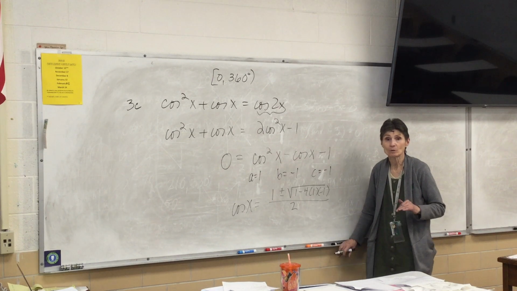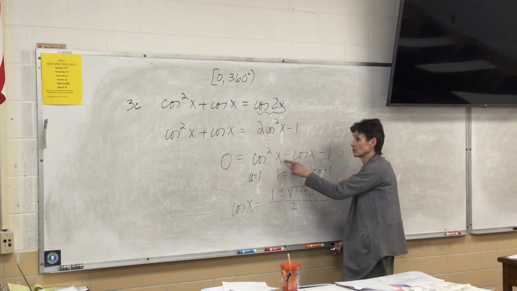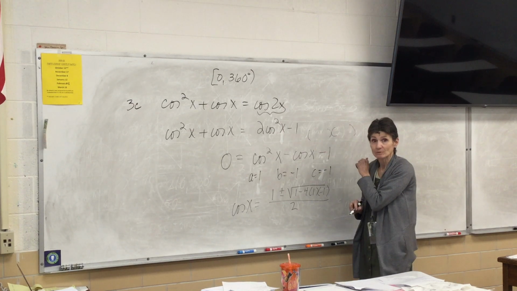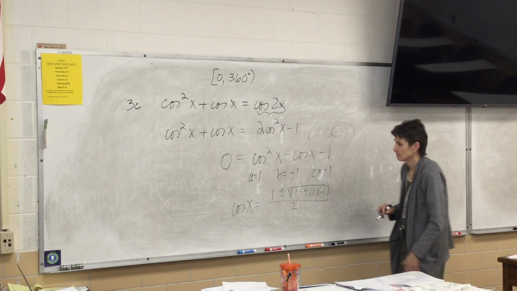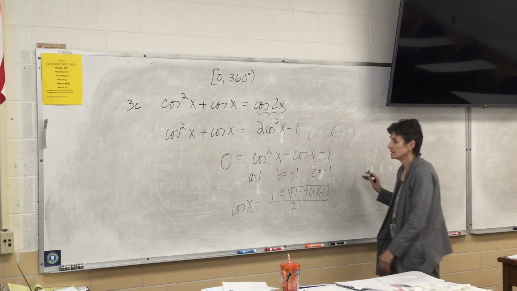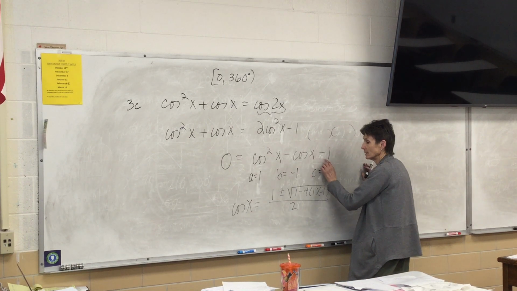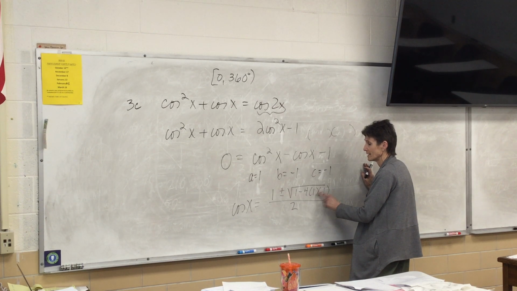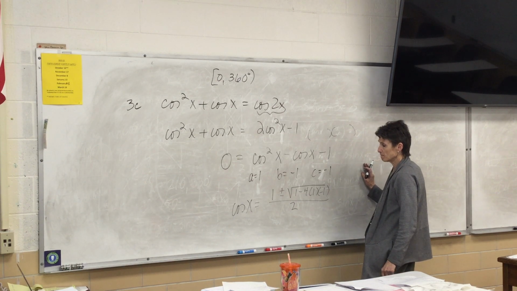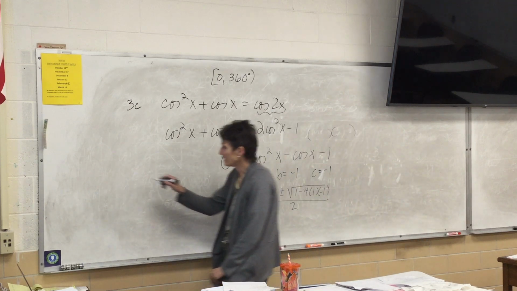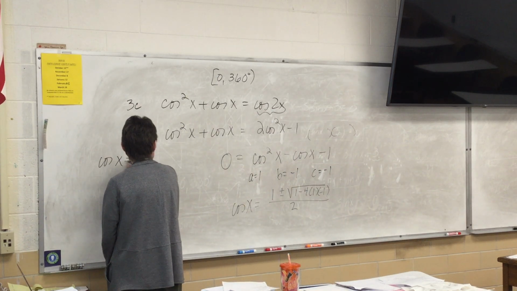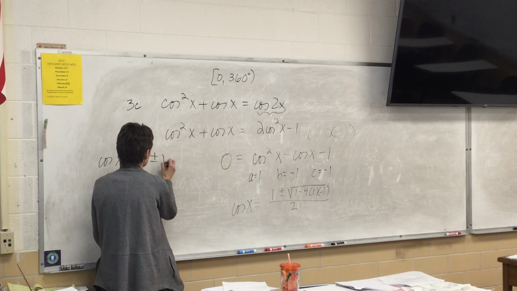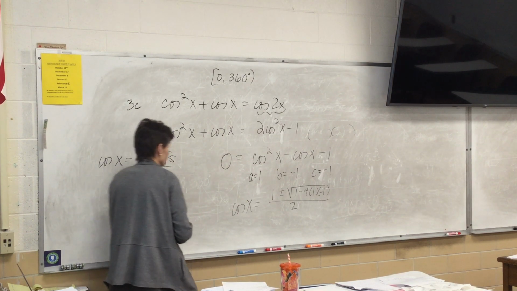You might get an equation that looks like this on the quiz, but it will factor, like the one we did in the practice. So cosine x equals 1 plus or minus the square root of 5 over 2.